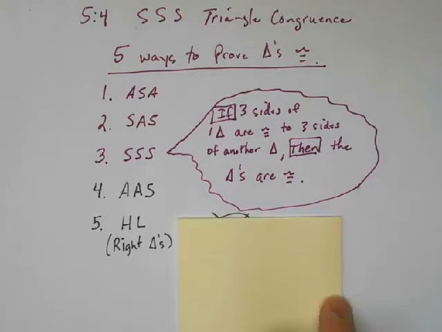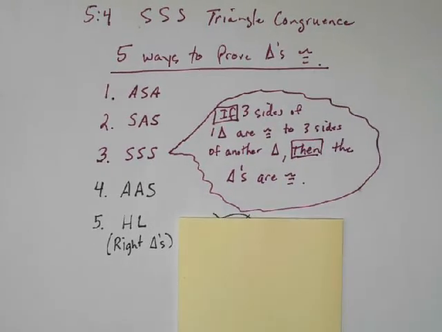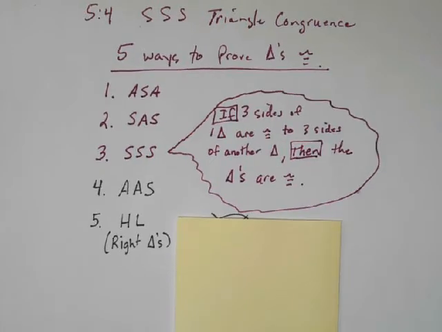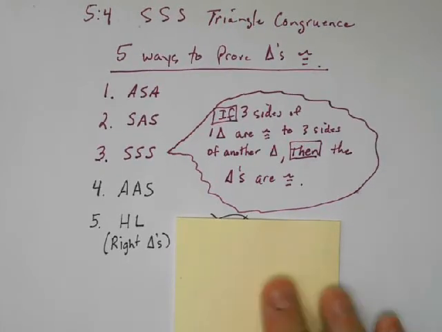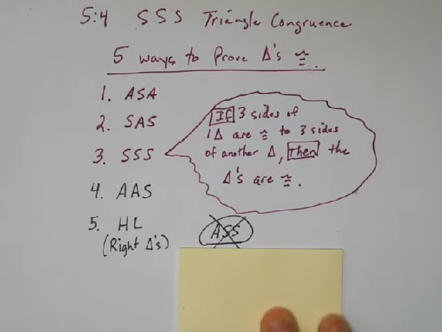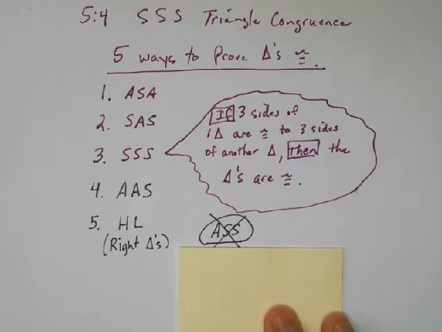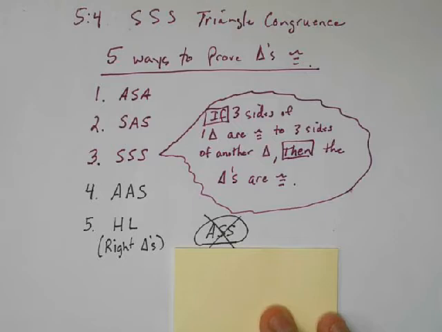I'm writing a cuss word on the board. I'll mark it up. Cover it up, Jadelyn. But truly, that is not a way to prove triangles congruent. Lainey, don't think I'm going to put it on a quiz. It's going to be so funny. No. I was just asking. It's 5 ways. No. Hope. It is not a way to prove triangles congruent.